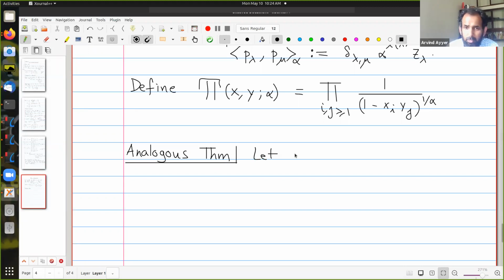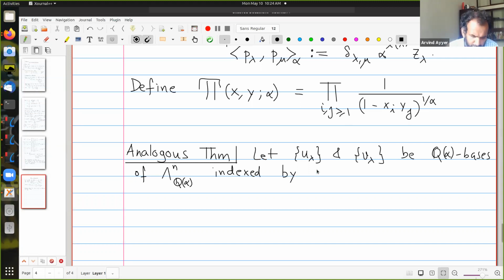So let u lambda and v lambda be q alpha bases of lambda n to alpha, indexed by partitions.